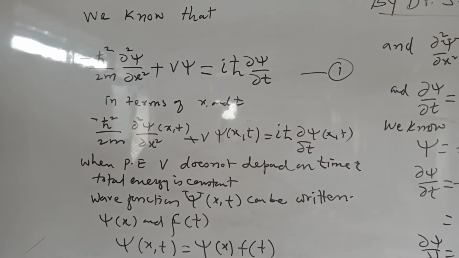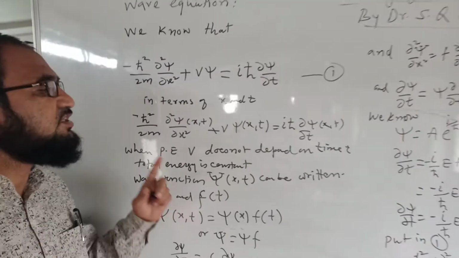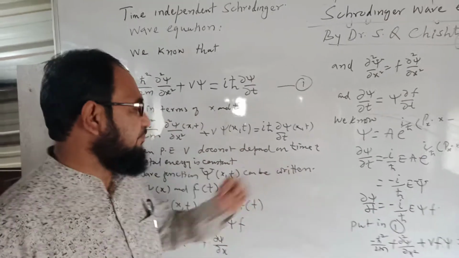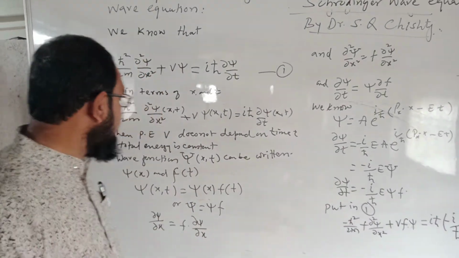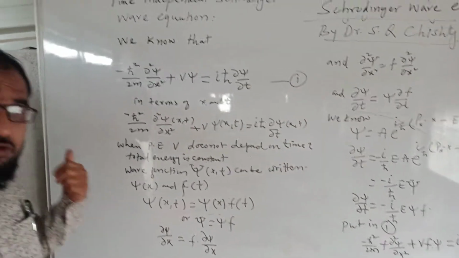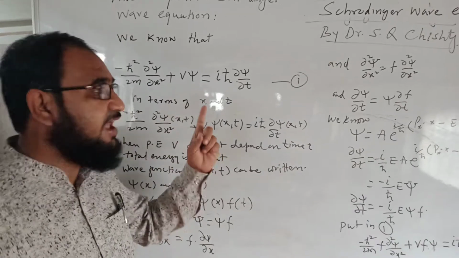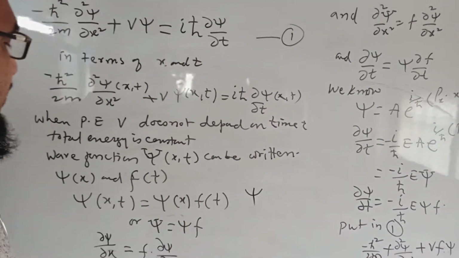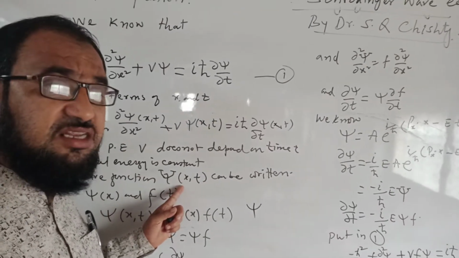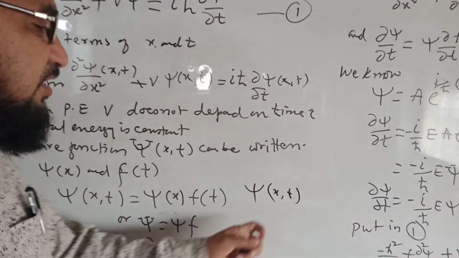Now we can say that when the potential energy does not depend upon the time and the total energy remains constant, then the wave function psi will be written in the form of x and t.